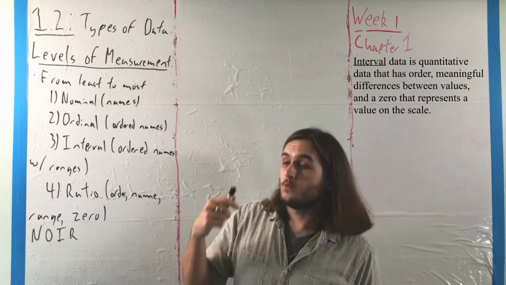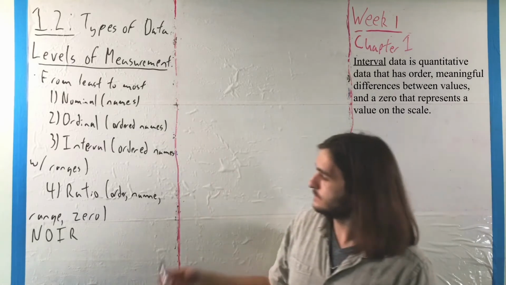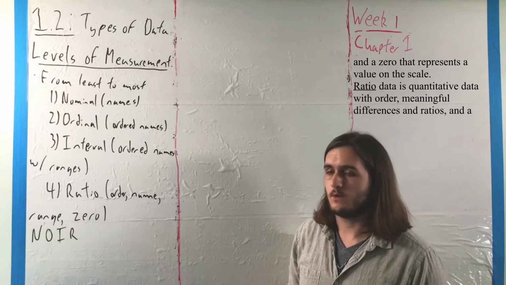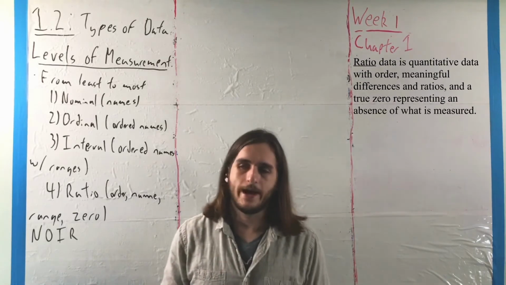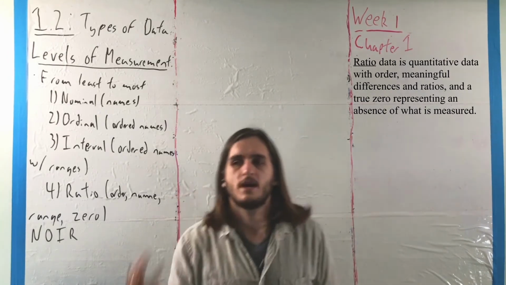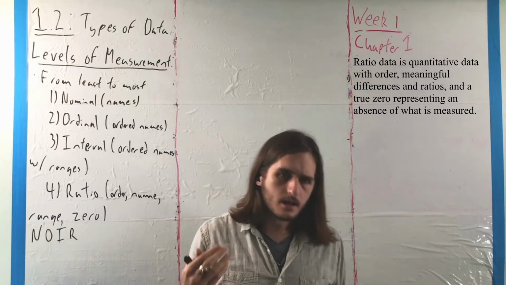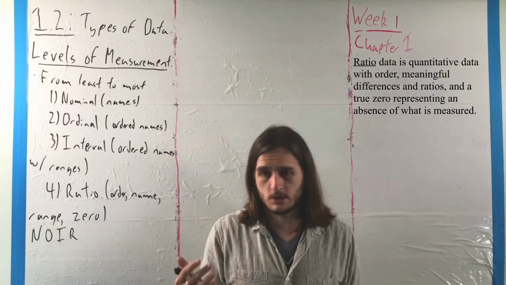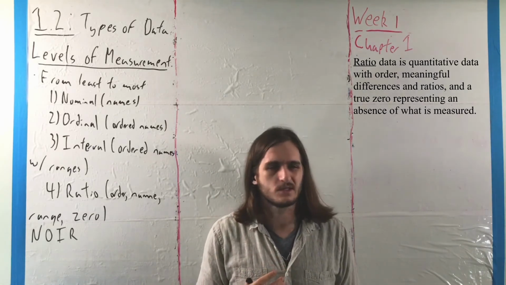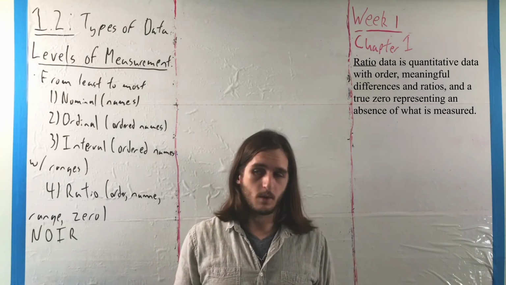And then if we want to take it one level further, we can go on to ratio. When we're looking at ratio data, we have names, we have order between the names, we have a range between the values, and we have a meaningful true zero. We also get ratios of values, but ratios of values are a bit harder to quantify.